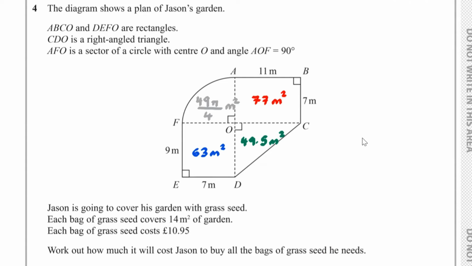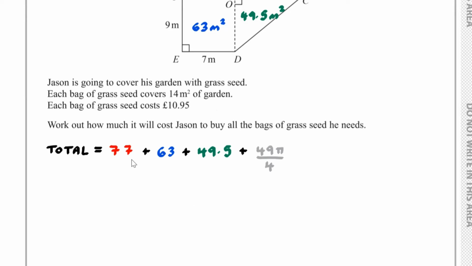So now what we can do is find out the total area. So for the total area, we've got 77 plus 63 plus 49.5 plus 49 pi over 4.